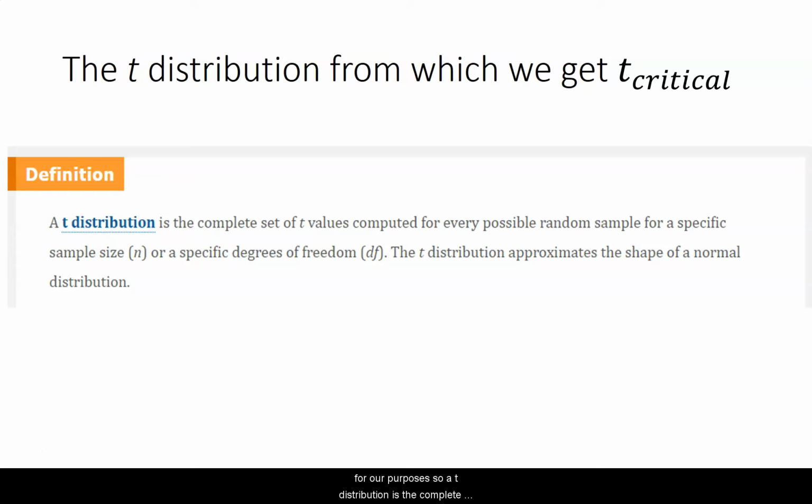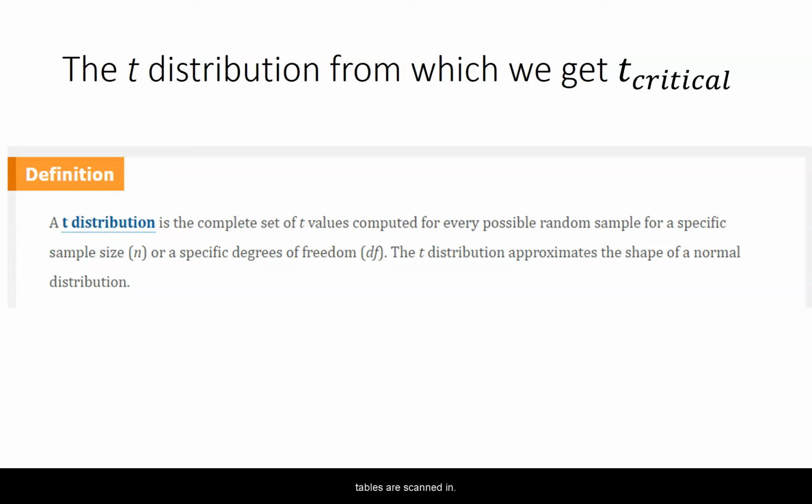So a t distribution is the complete set of t values computed for every possible random sample for a specific sample size, and it varies by sample size, as we'll see, unlike z, or specific degrees of freedom. The t distribution approximates the shape of a normal distribution. Now, this is where it gets a tick tricky, but we'll walk through this very slowly, and it's really not a big deal at all interpreting these tables.